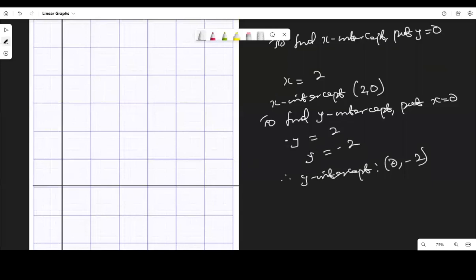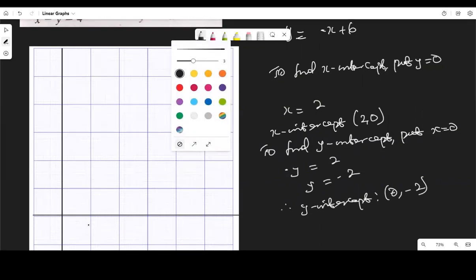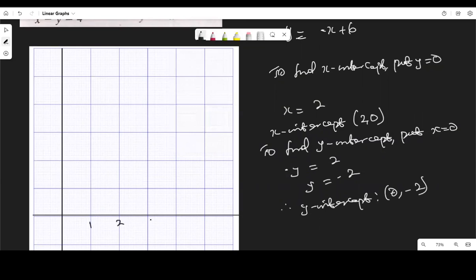Let's plot those points now on the graph sheet. We have 1, 2, 3, 4, 5.